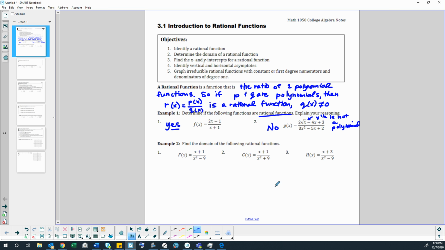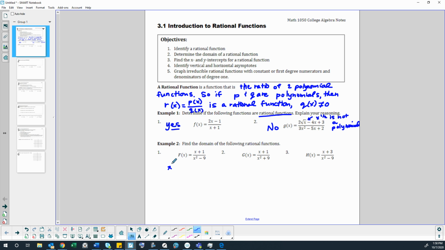Alright, find the domain. So in our definition up here, I mentioned that the polynomial on the bottom cannot equal 0. That affects the domain of our rational function. So let's go ahead and find the values that would make the denominators equal to 0.